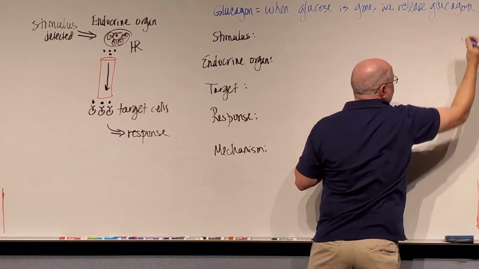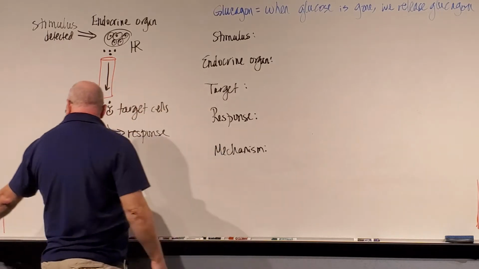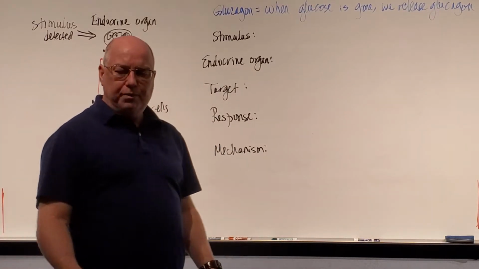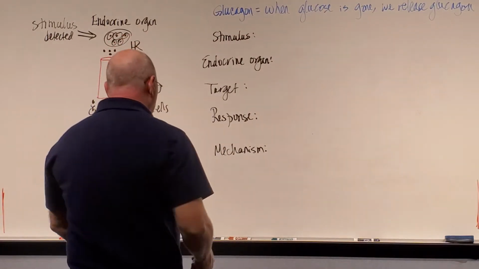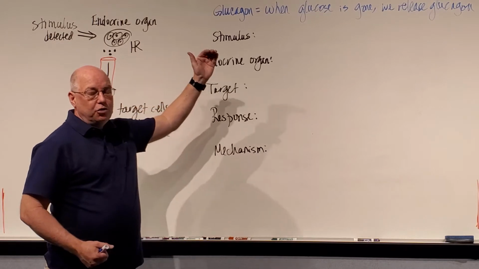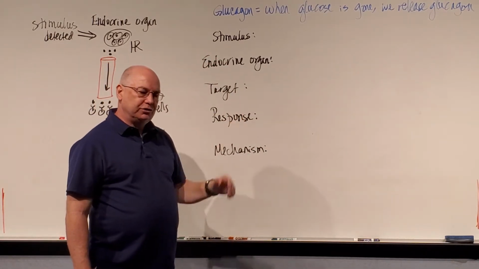I hope you can read my shoddy penmanship up there, but when glucose is gone, we release glucagon. What that means is when our body runs out of sugar, glucagon is going to go and release sugar to replace it. When all your glucose is gone, we release glucagon.